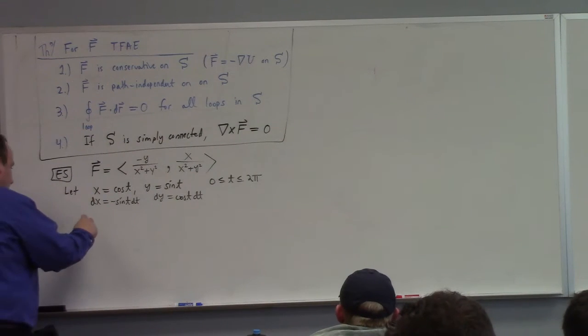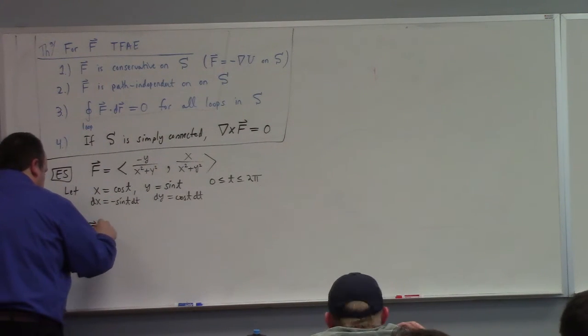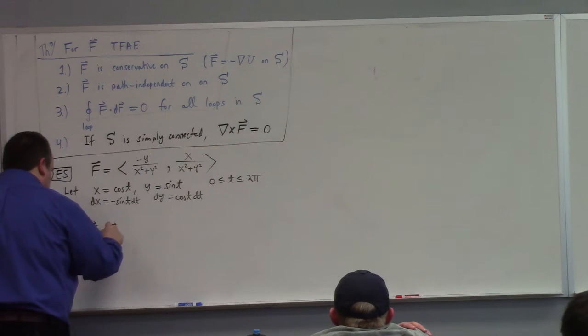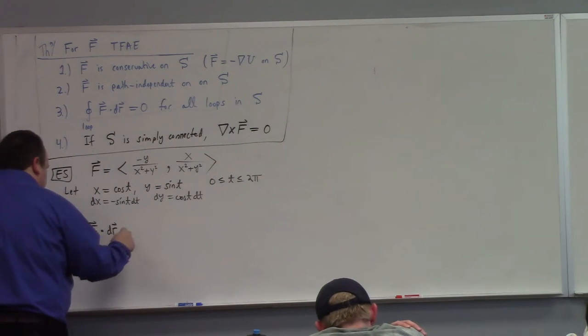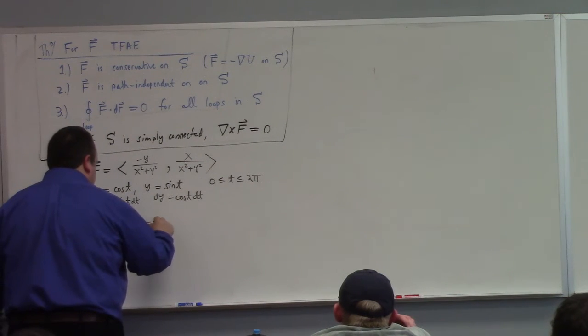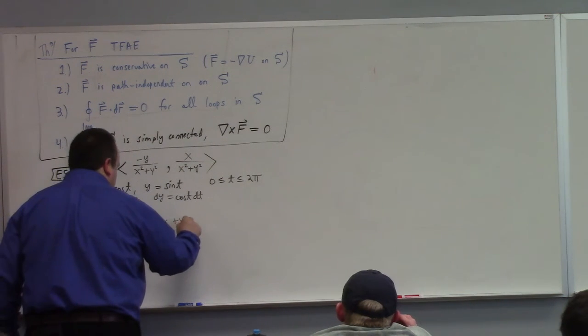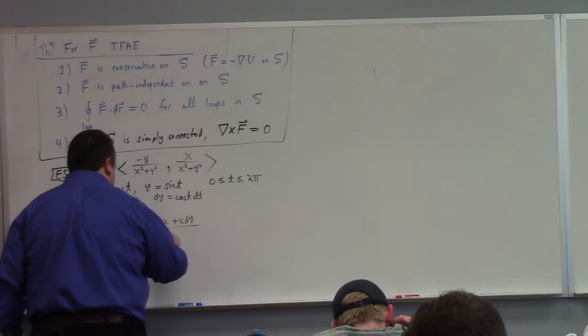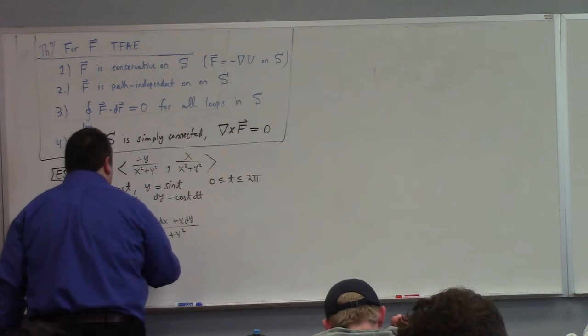If we calculate the work done by this vector field along that curve, what we get is the integral of minus y dx plus x dy over x squared plus y squared along the curve.